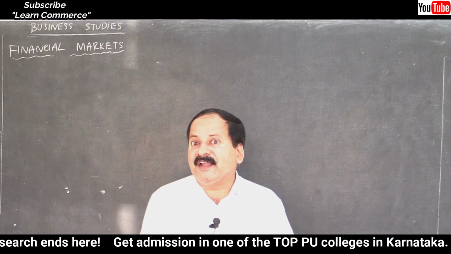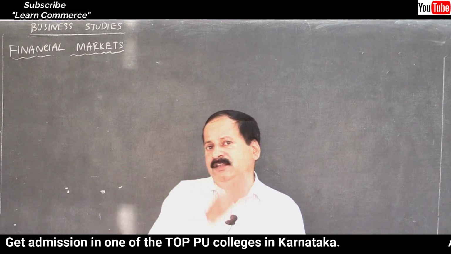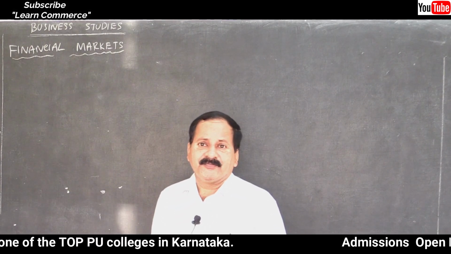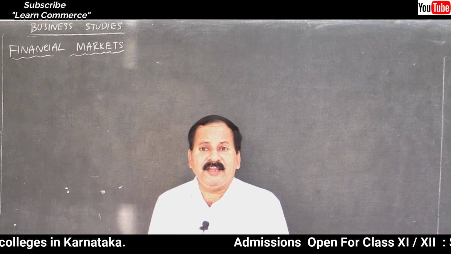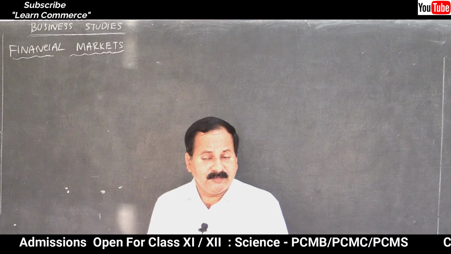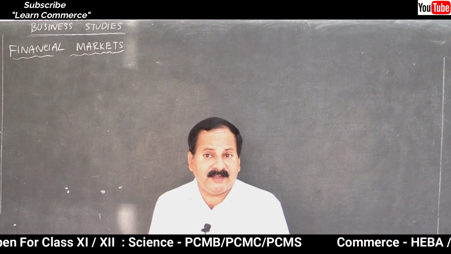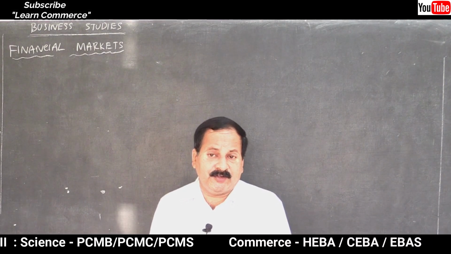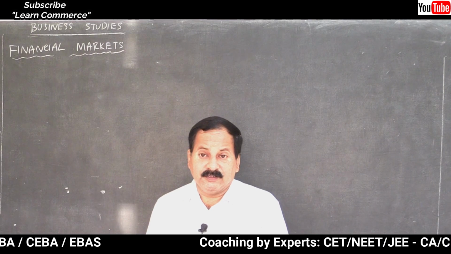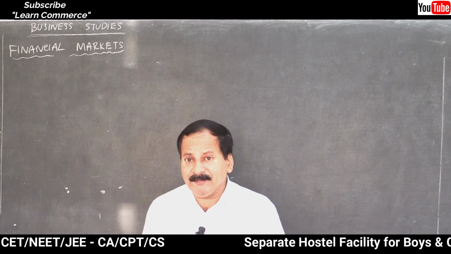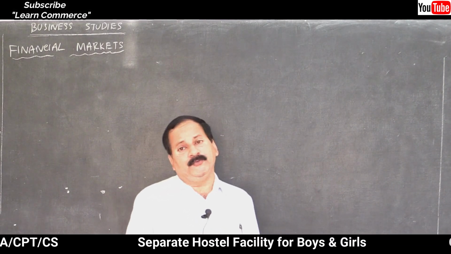People will assume in that way. When you enter a vegetable market, you will try to buy the best quality, isn't it? Because risk will be less. When you buy best quality, the chances of deterioration or adulteration will be less. Branded product you purchase, risk will be less, but you want to buy it at a lower price. So that is the same thing any investor wants to do.